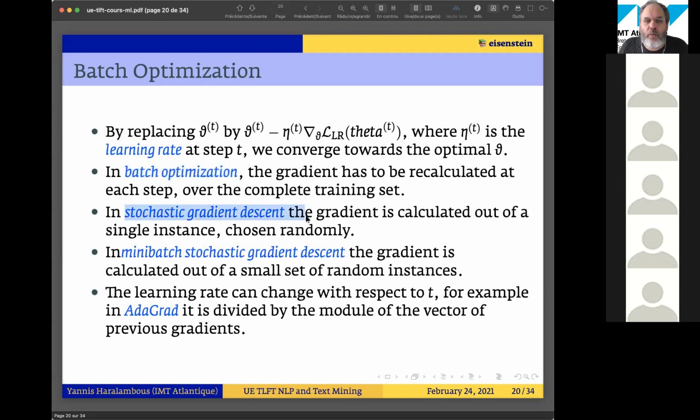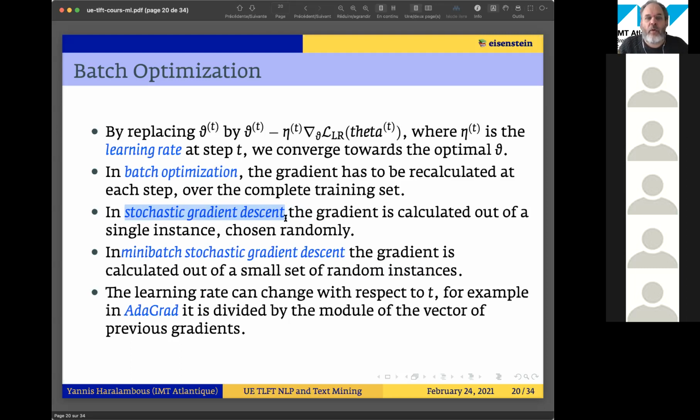I can choose a given element in the training set and use it to calculate the gradient. Of course, this introduces variance because depending on the choice, I may get something different, okay? But it's much faster.